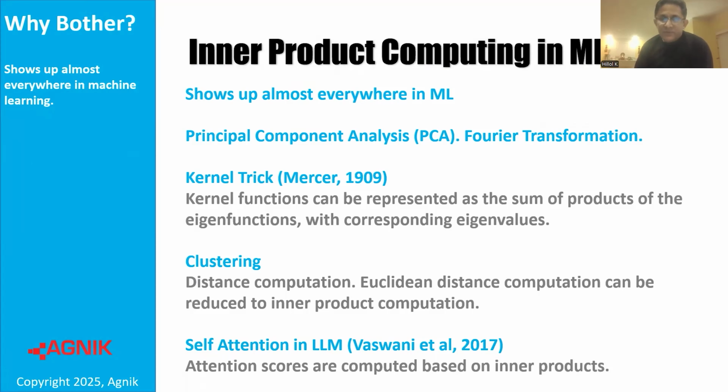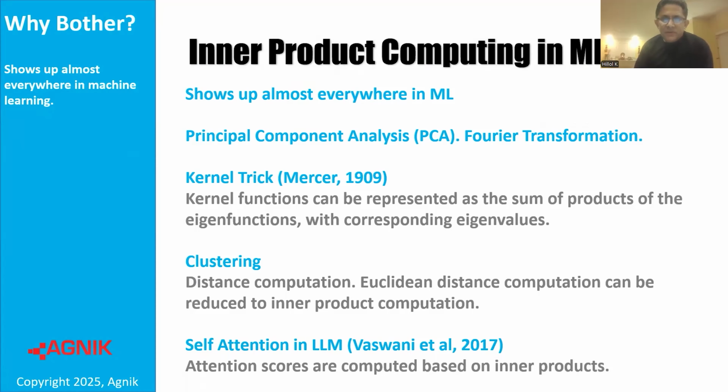Inner product preservation is often used in representation construction. For example, principal component analysis basically takes the covariance matrix, does the eigenanalysis, computes eigenvectors and eigenvalues, and essentially projects the original embedding to the space spanned by the eigenvectors.